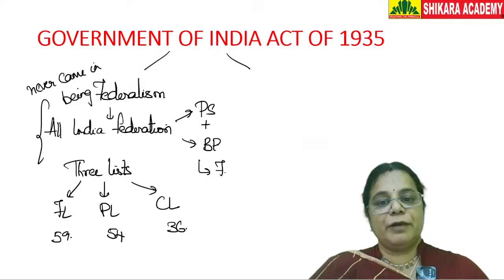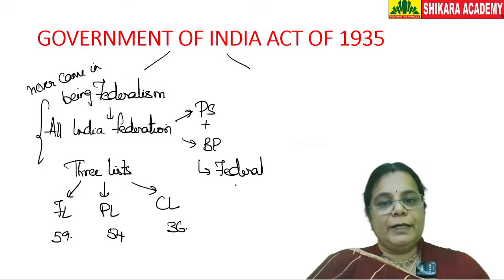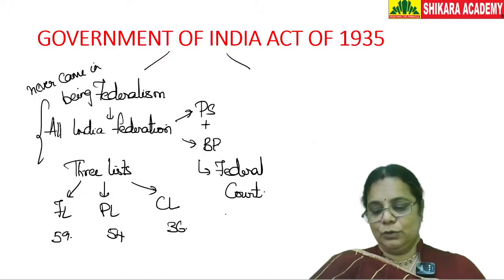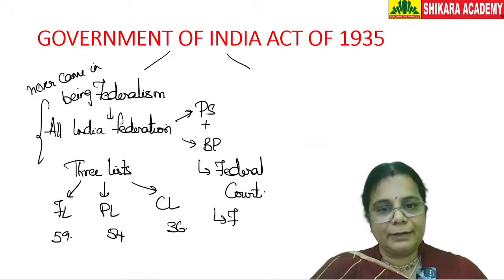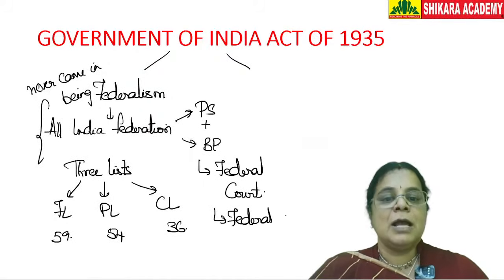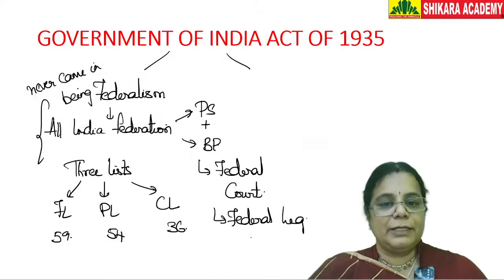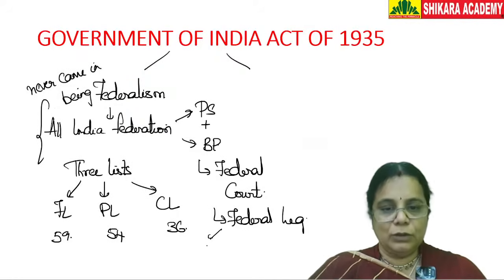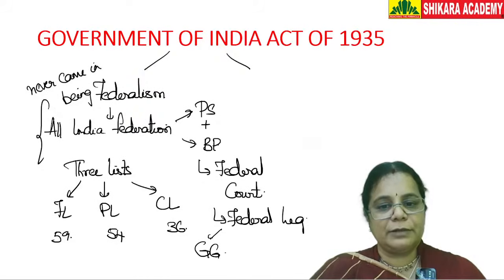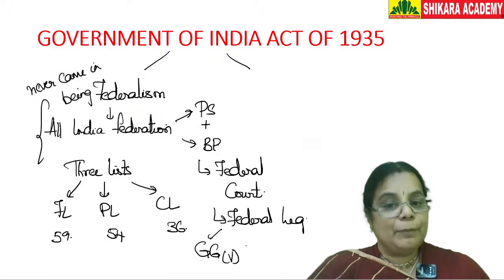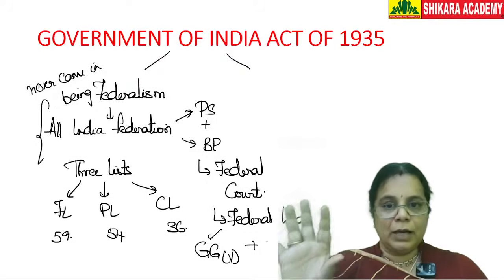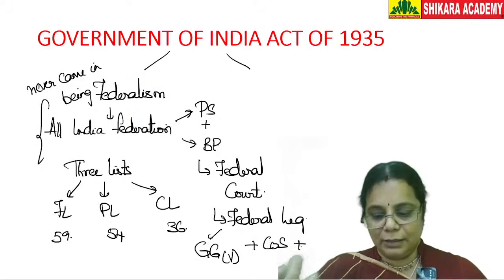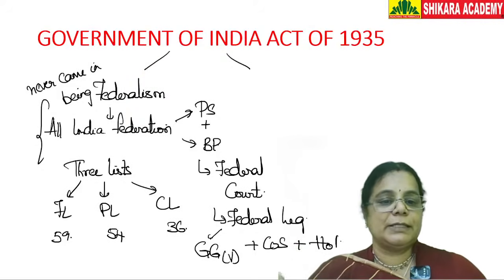It provided for a federal court. Federal court was established in Delhi. So it provided for a federal court. It said that there will be a federal legislature, the central legislature that today we call as parliament, which will comprise of Her Majesty, the Queen or the Crown, represented by the Governor General, who is nothing but the Viceroy, plus a council of states, one house that is representing the states in India, the other house of assembly that is representing the people of India.